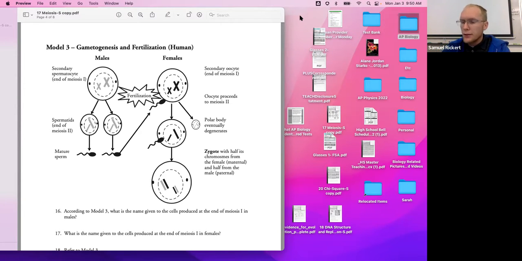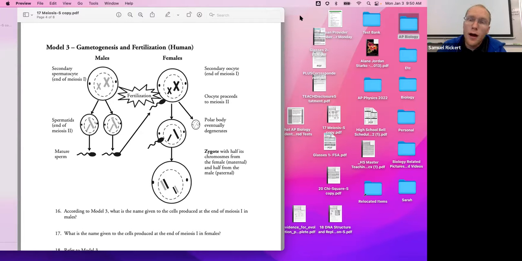So in meiosis, we have prophase 1, metaphase 1, anaphase 1, and telophase 1. In prophase 1, the chromosomes condense and crossing over occurs, which makes it unique from mitosis. In crossing over, homologous chromosomes are exchanged, and this creates the majority of genetic diversity that results in prophase 1.